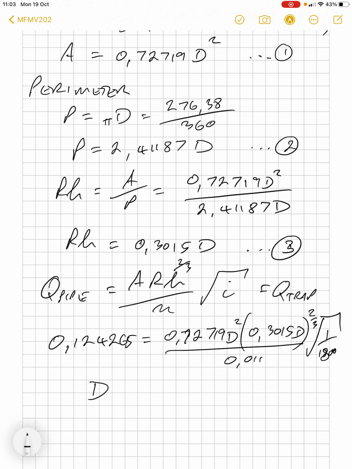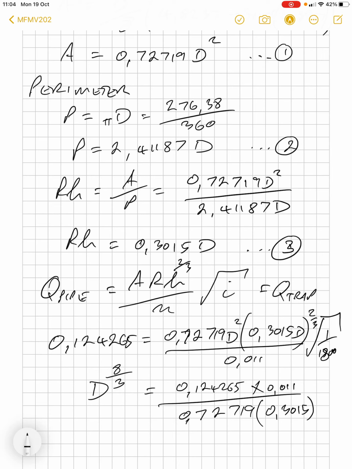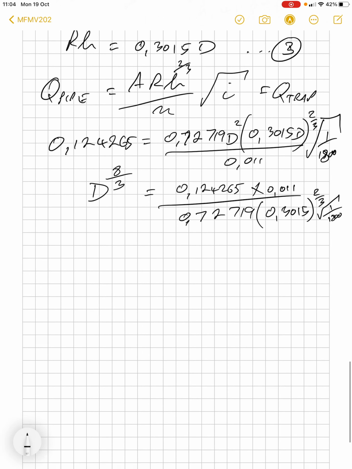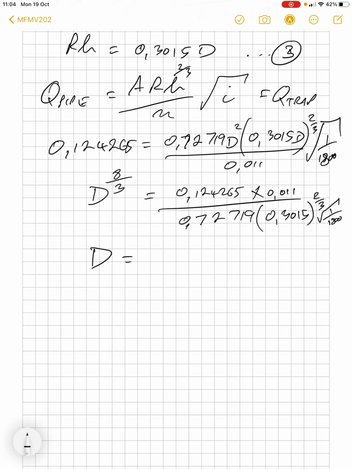So D to the power of 8/3 is equal to 0.124265 times 0.011 over 0.72719 times 0.3015 to the power of 2/3 times the square root of 1/1800, and that would give us the value of D of 0.5227 meters.